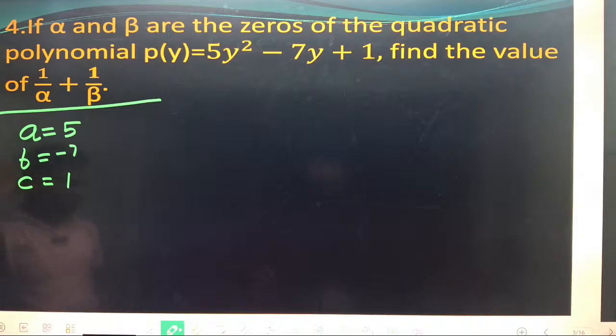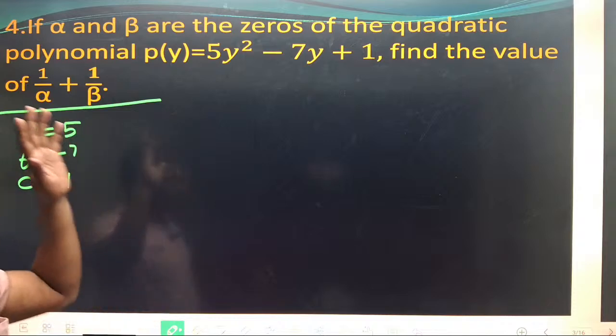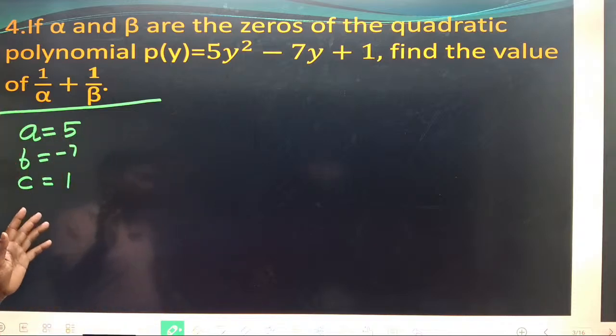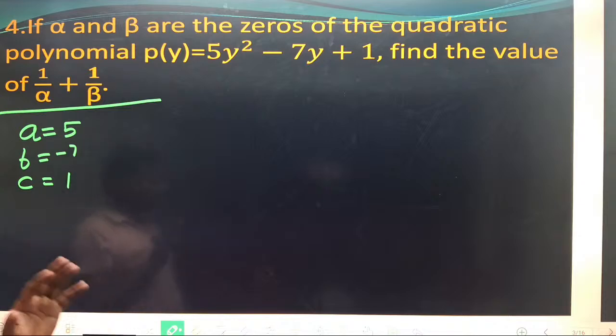In these types of questions, if you have to find 1 upon alpha plus 1 upon beta, then you find the sum of zeros and product of zeros, and always convert the relation into the sum of zeros and product of zeros.